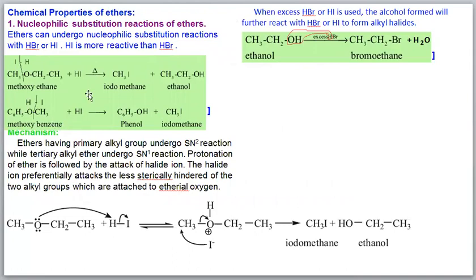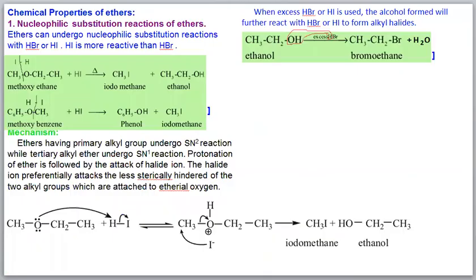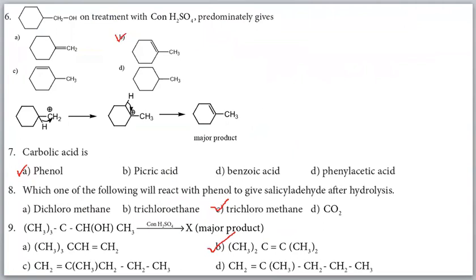This one is tertiary butyl methyl ether. With HI, we will get methyl iodide and tertiary butyl alcohol. It is given in the previous page also: the halide ion preferentially attacks the less sterically hindered of the two alkyl groups.